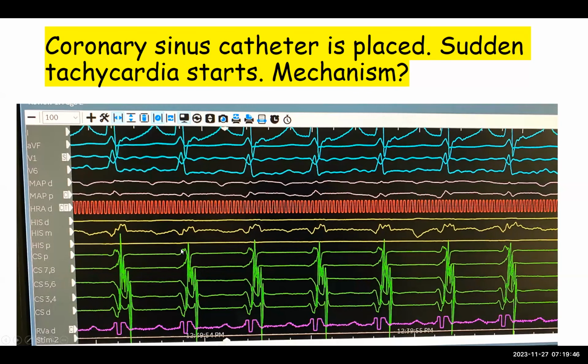But usually, these RP and VA intervals are intended for surface electrocardiography, not for when you have a catheter sitting directly on top of the pathway.